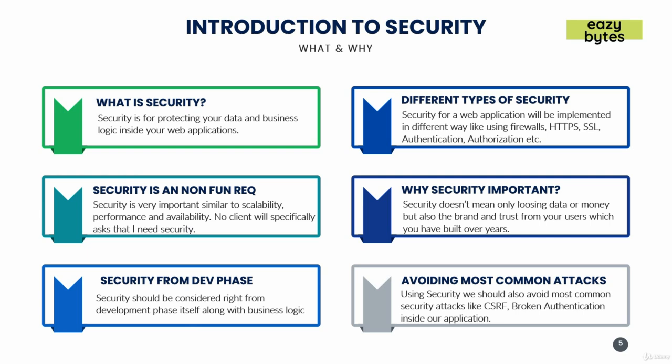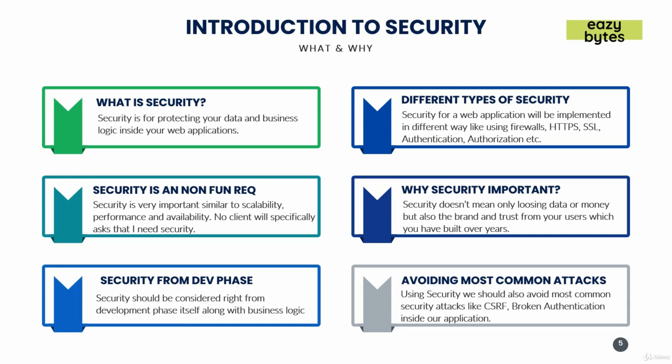Next, security is a non-functional requirement. If you ask me what a non-functional requirement and a functional requirement are: any client or organization that wants to build an application will write down their functional requirements, like I need so and so page, so and so buttons, I need to accept so and so information from the user. All those functional requirements they define in their business requirement documents.